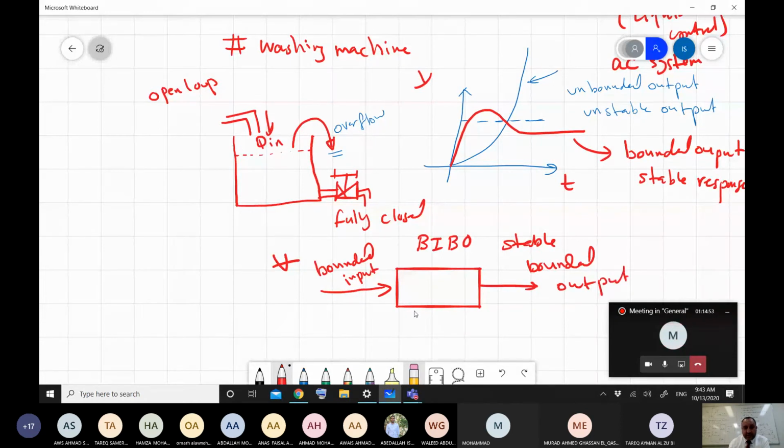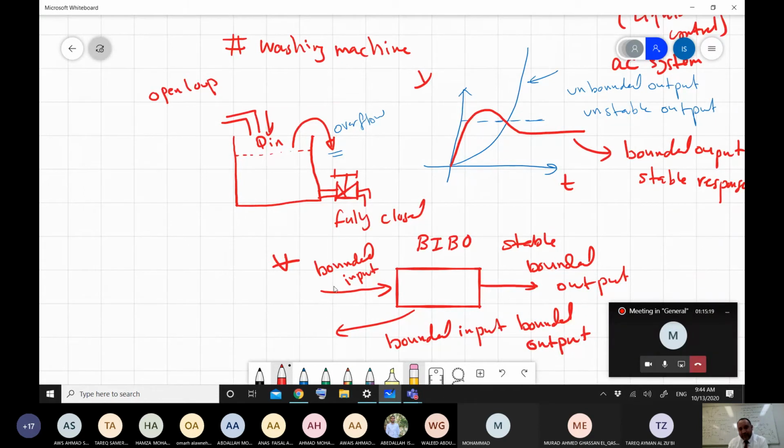In this case, this system is called bounded input, bounded output. Good. Because you cannot say that I will bring a hammer, for example, and destroy the chair and say that this chair is unstable.